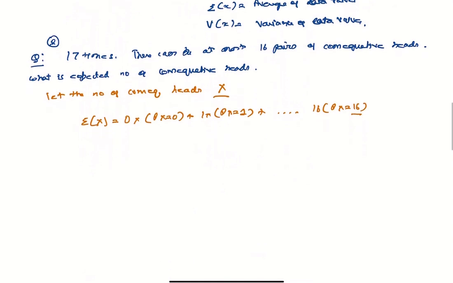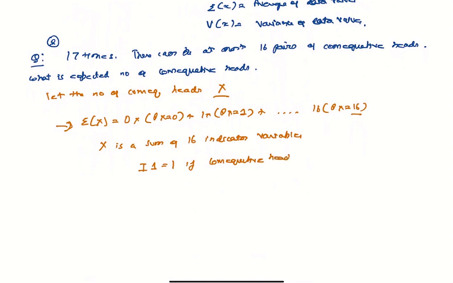But let's do it differently. You can do it using the expected value directly, but let's try to do it differently: x is a sum of 16 indicator variables. Indicator 1 is equal to 1 if there are consecutive heads at positions 1 and 2, else it will be 0.